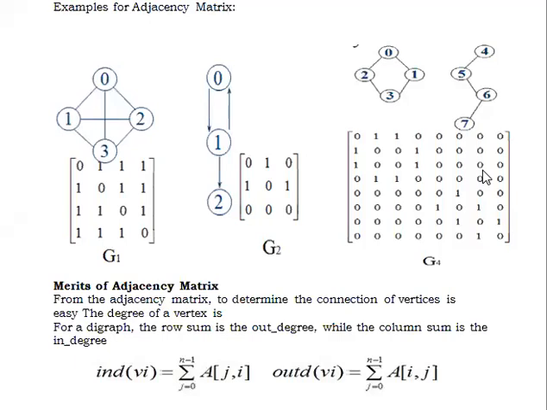Here is an example for the adjacency matrix. There are three graphs represented here. The first graph has four vertices with unordered pairs, so it is an undirected graph. The second graph is a directed graph, and the third one is an undirected graph. In the first graph, there are four vertices: 0, 1, 2, and 3.